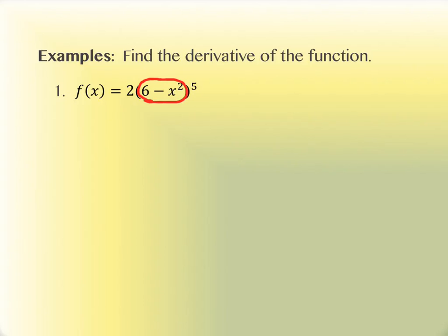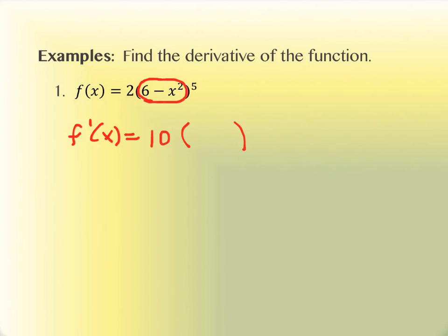So if I took this stuff and I raised it to a power of 5 with a 2 in front, what would I do with this 5? We would bring it down, okay? And I would multiply it by the 2, right, when I bring it down? So I've got the 2 that's there originally, that's the constant multiplier rule, multiplied by the 5 that's the exponent, so I've got a 10 now.